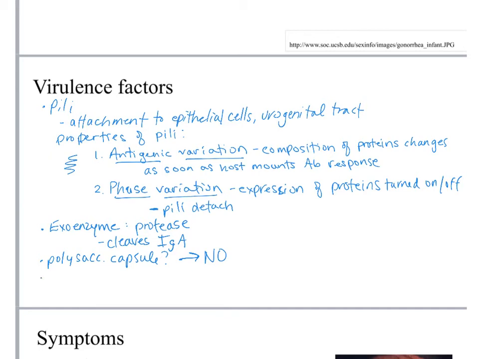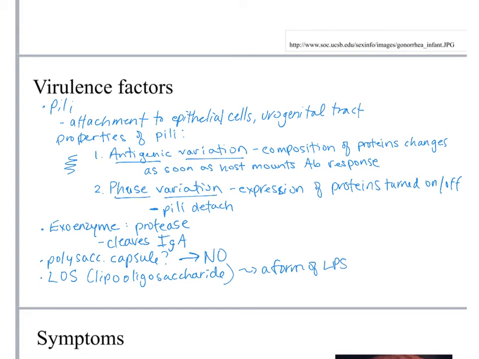Okay, one more thing to mention, LOS. That stands for lipooligosaccharide. It's actually a form of LPS, lipopolysaccharide.